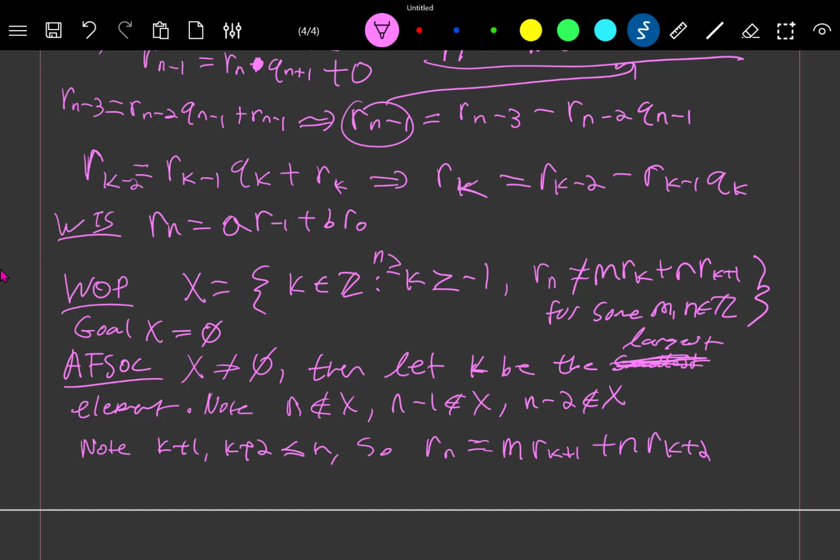But we can also write, we know R sub k is equal to R sub k plus 1 times Q sub k plus 2 plus R sub k plus 2.